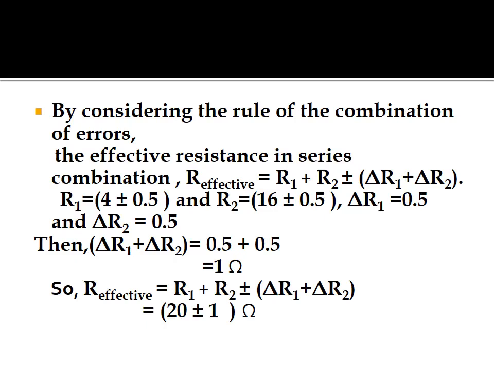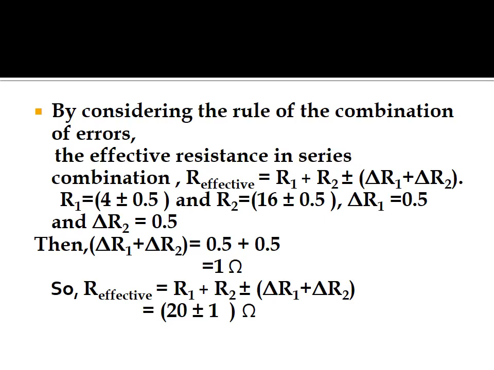As R1 is equal to 4 plus or minus 0.5 ohm and R2 is equal to 16 plus or minus 0.5 ohm, then delta R1 is equal to 0.5 ohm and delta R2 is equal to 0.5 ohm.